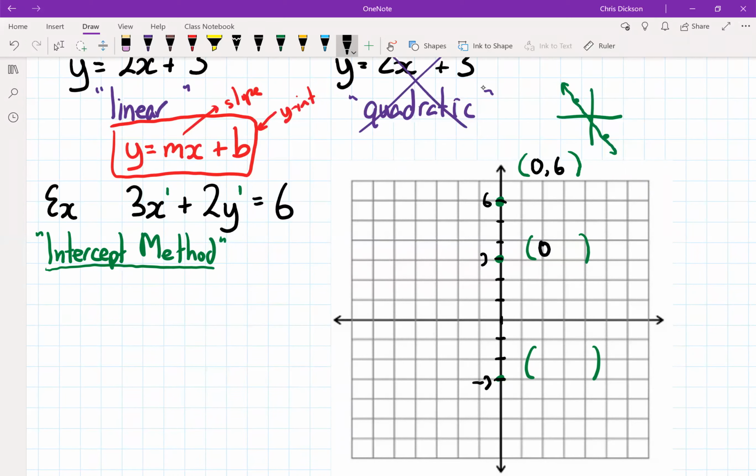This next point would be at (0, 3). And the next point would be at (0, -3). Right? And those would all be considered points that go through the y-axis. So those would all be y-intercepts of the graph.